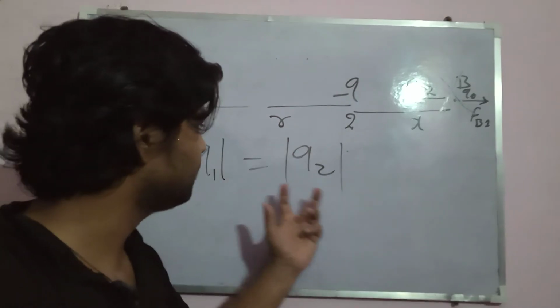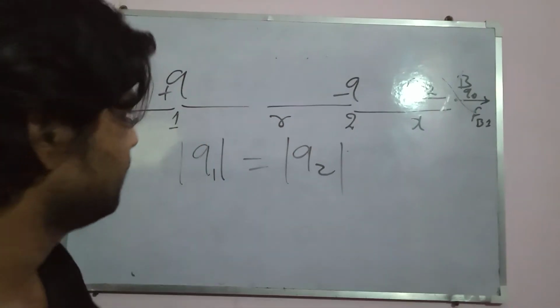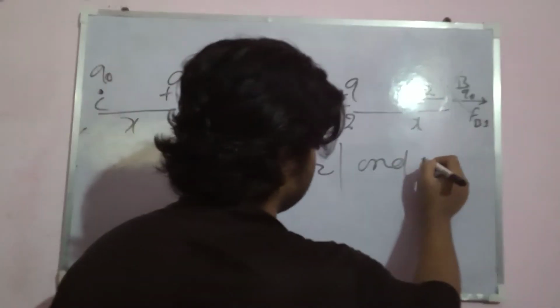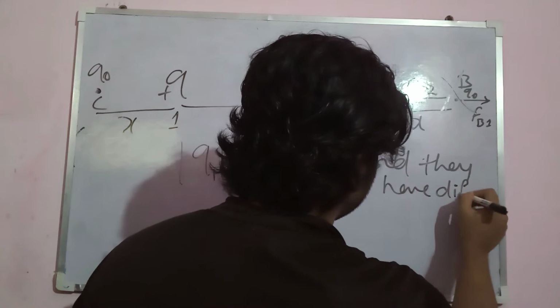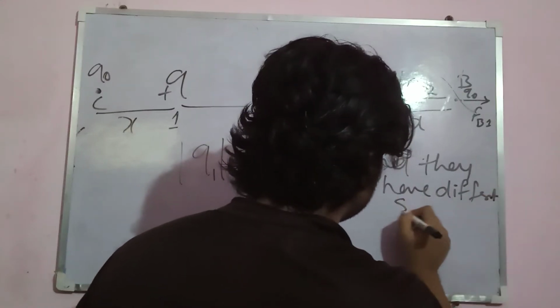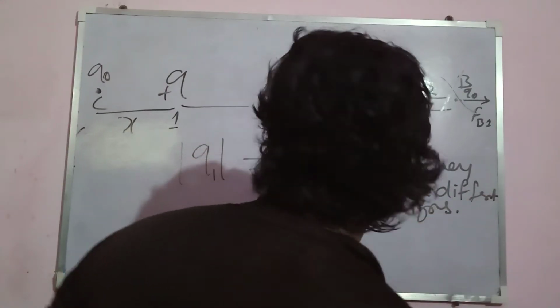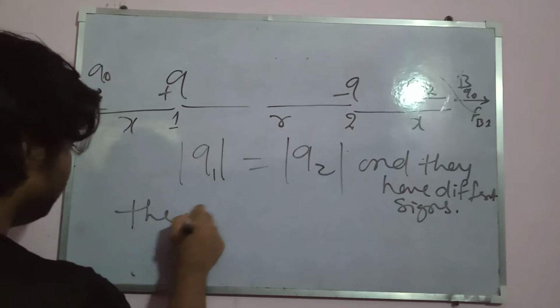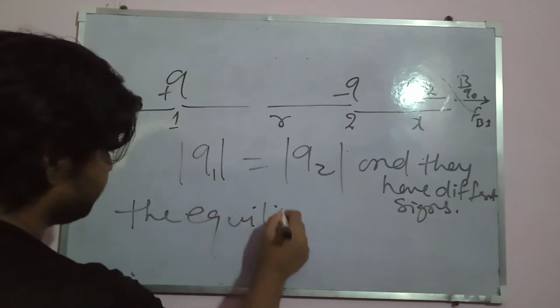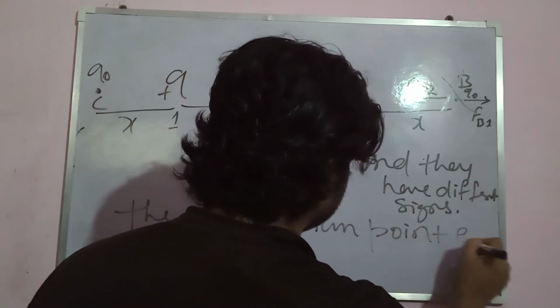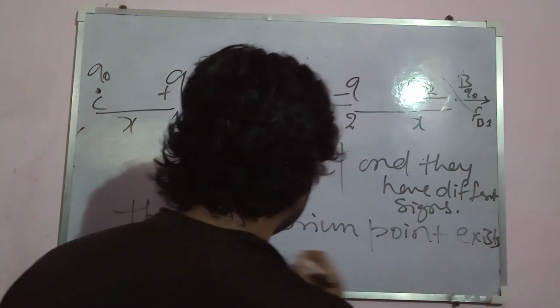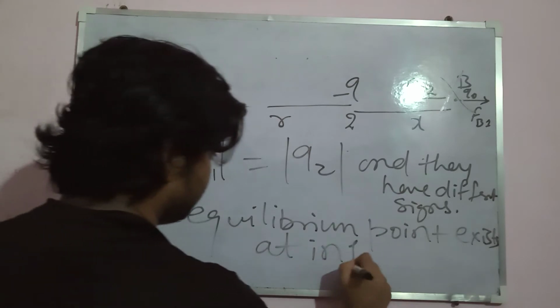Remember here, when the charges are equal in magnitude and have different signs, the equilibrium point exists at infinity.